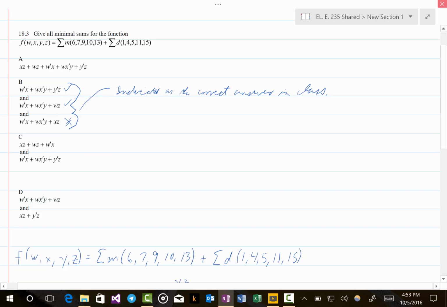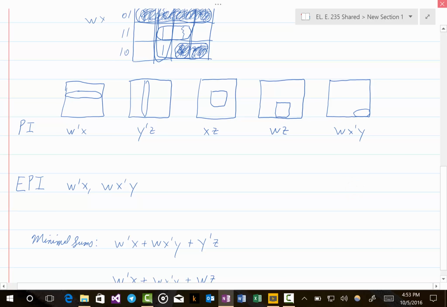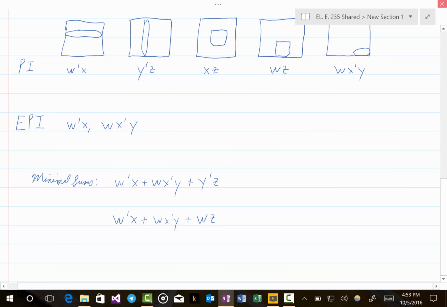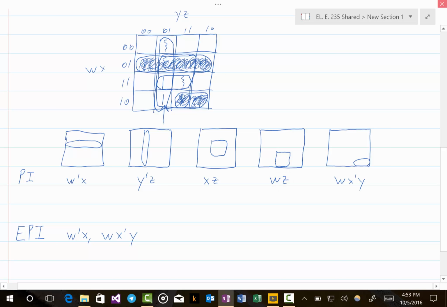Well, XZ, as you can see from our sketches here, is the 4 terms in the middle, and if we added those 4 terms to our 2 essential prime implicants, then we would miss this one right here in cell 9. So it would still not account for all of the solid ones, and therefore it would not be a correct answer.